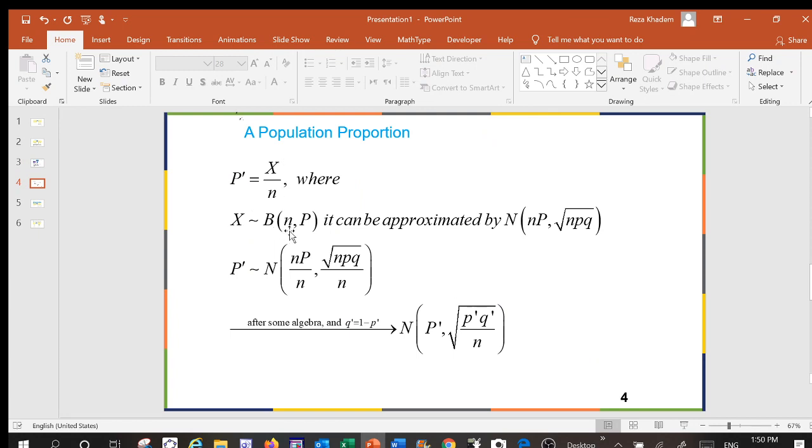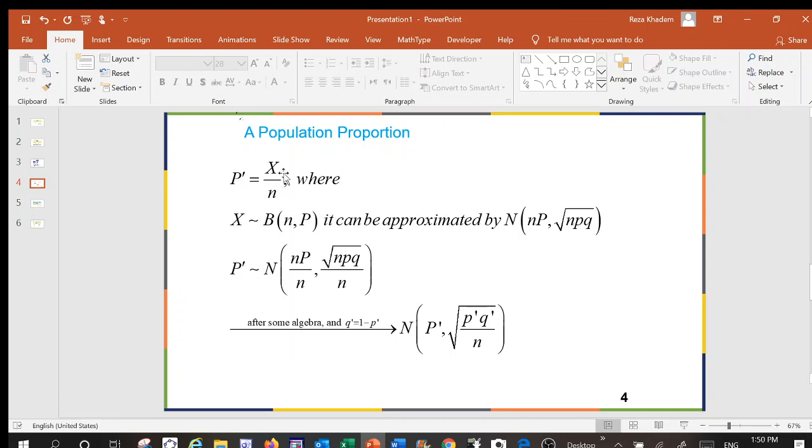Remember from chapter 4, we have a binomial distribution, which is the number of successes, and the binomial distribution has a mean and a standard deviation. The mean of the binomial distribution is np, n times the probability of success, and the standard deviation is the square root of npq.